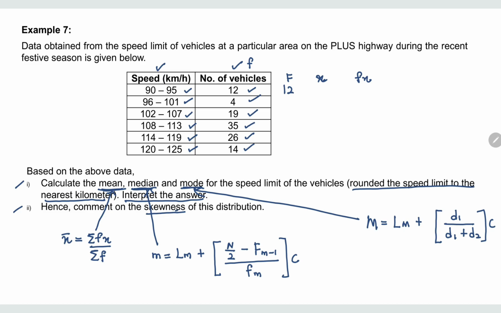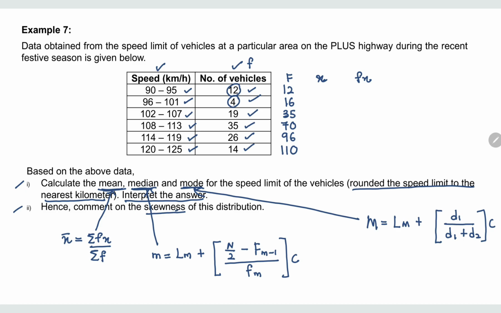For the second class, the cumulative frequency is 12 plus 4, equal to 16. For the third class, the cumulative frequency will be 16 plus 19, which is 35. And next, 70, 96, and for the last class is 110.